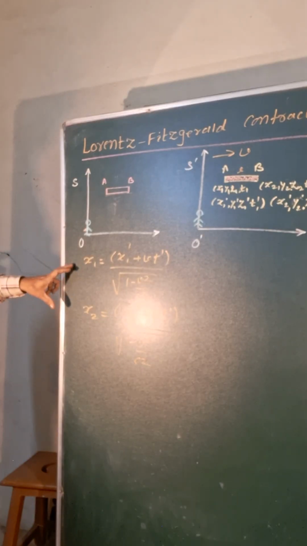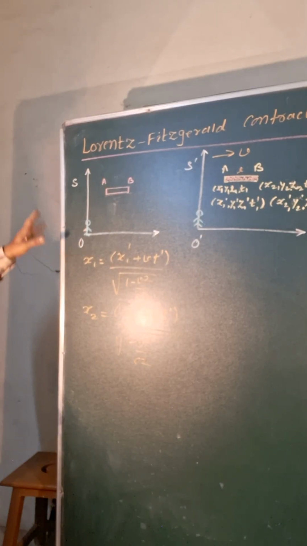These are the coordinates of the rod according to the stationary frame of reference, or observer in the S frame.